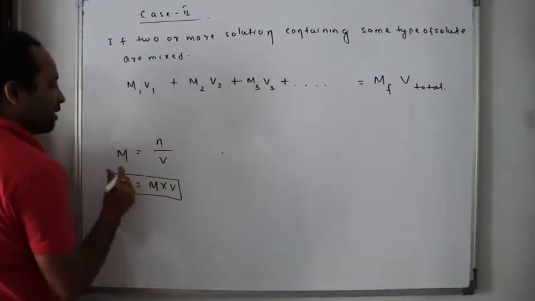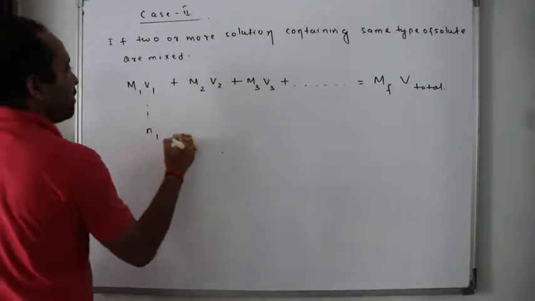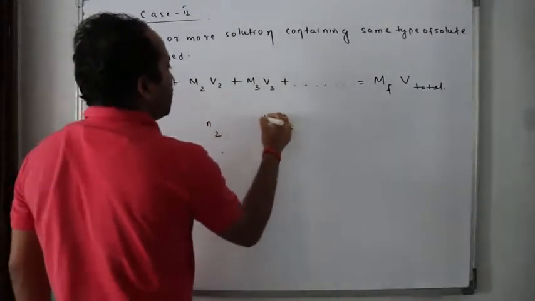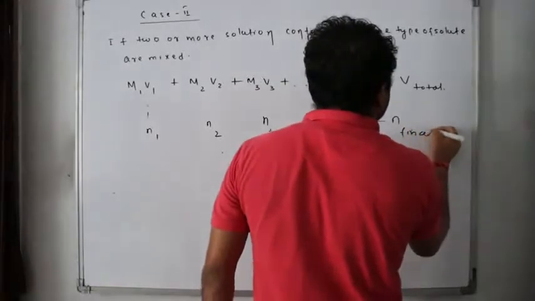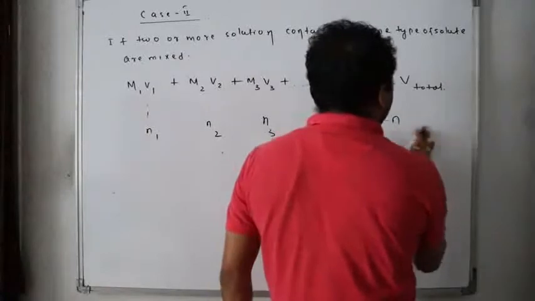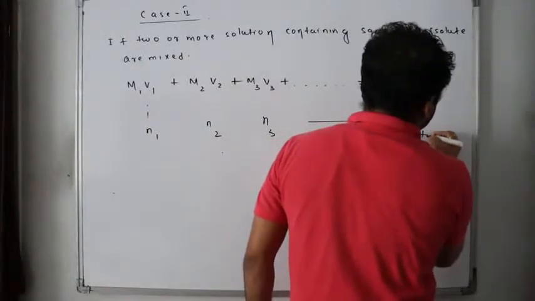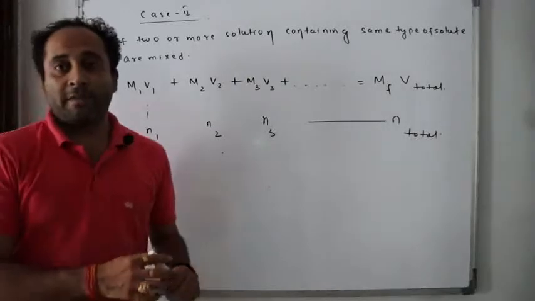So in this case, M1 V1 is N1, M2 V2 is N2, M3 V3 is N3. Is it N final? Yes or no? Or I can say N total. Clear? So from this concept, let us go for one more example.